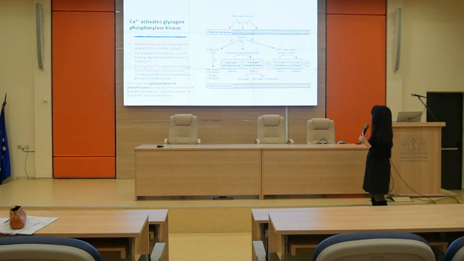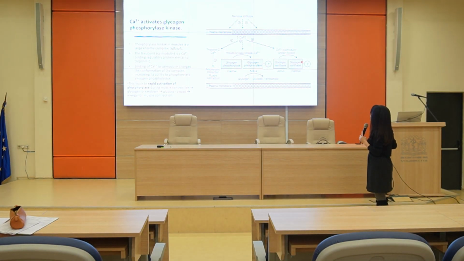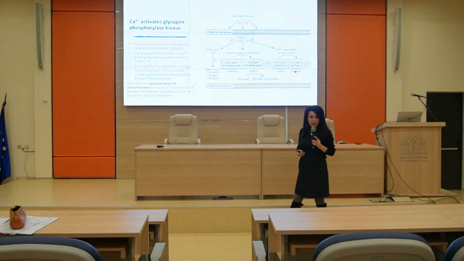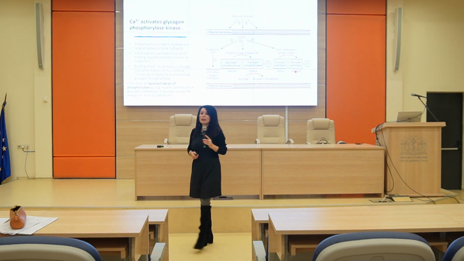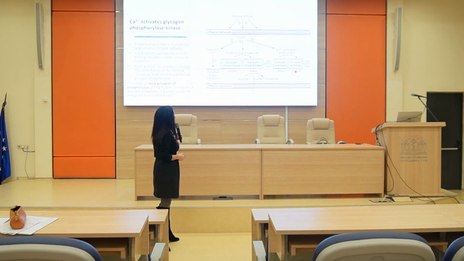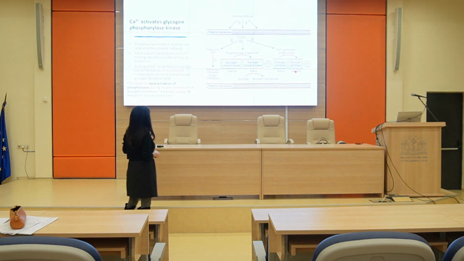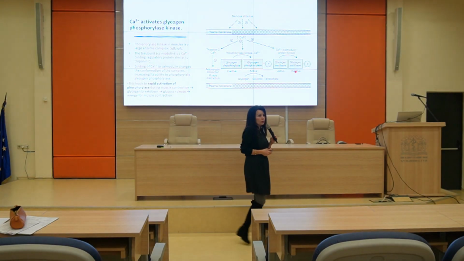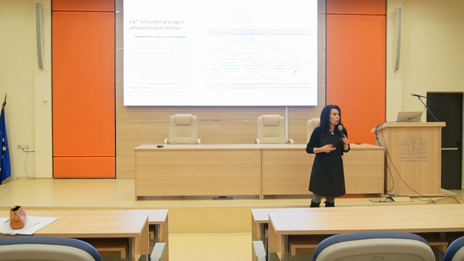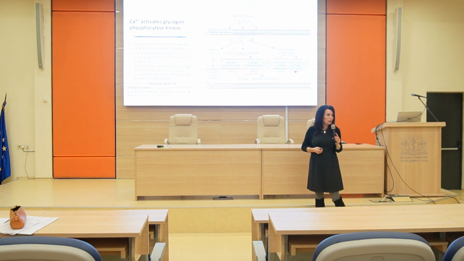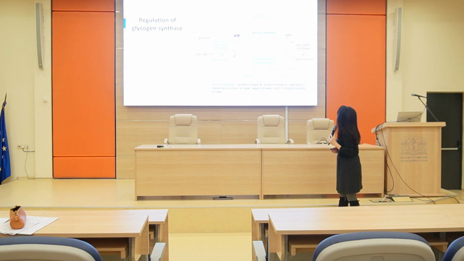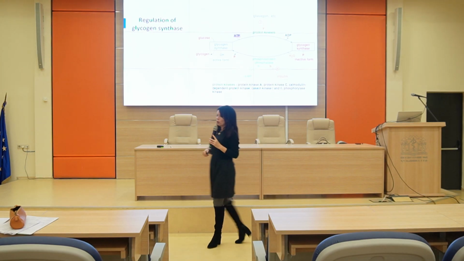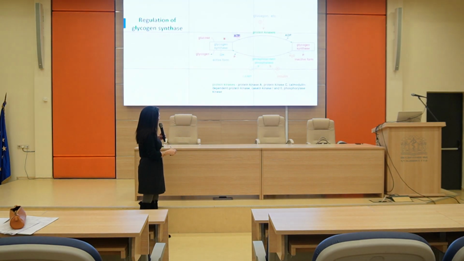At the same time, phosphorylation of glycogen synthase will convert the enzyme to become inactive, because the active form of glycogen synthase is its dephosphorylated form. Why is calcium an activator? Because it is used for muscle contraction. If there is high calcium, we need more energy, more glucose to produce energy for the muscle contraction. We need more ATP, that's why. And this is the regulation, the reversible covalent modification of glycogen synthase, the active form being the dephosphorylated form of the enzyme.